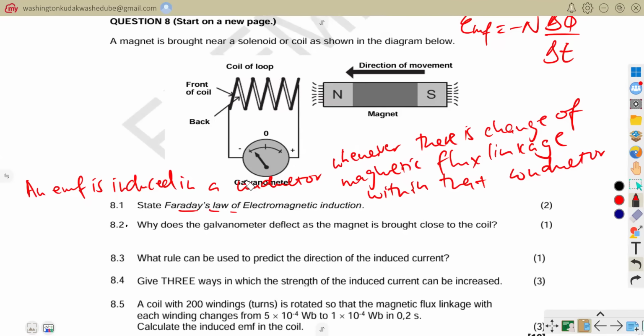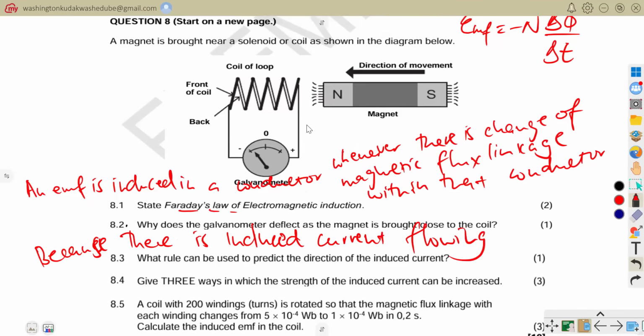Therefore, the galvanometer would deflect because there is induced current flowing. Whenever there is flow of current, the galvanometer needle would deflect to show the flow of that current.